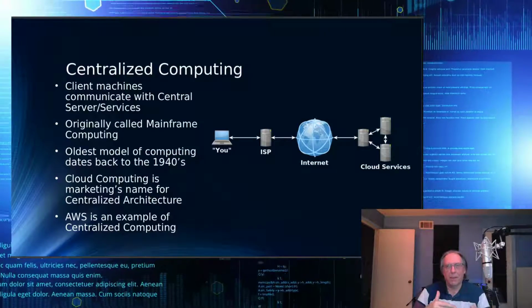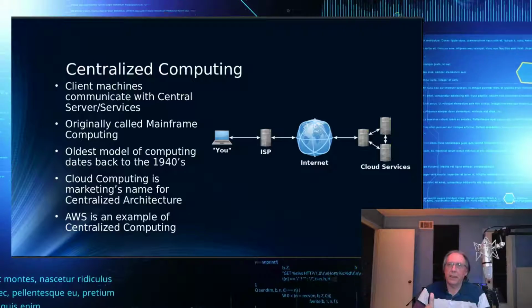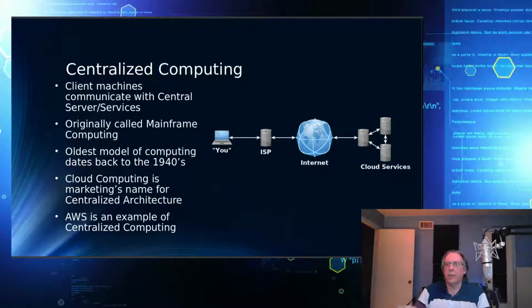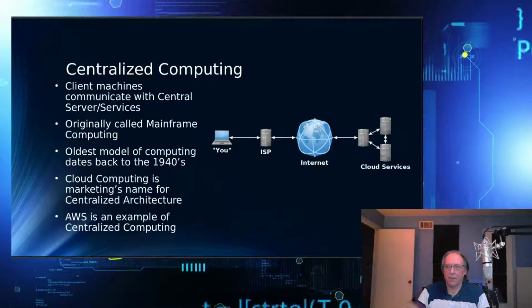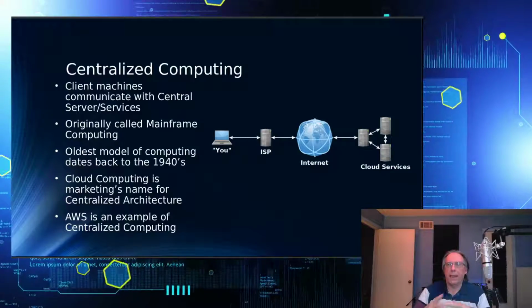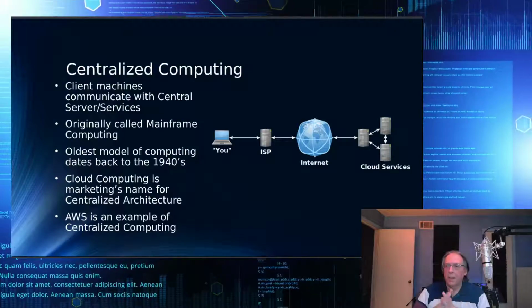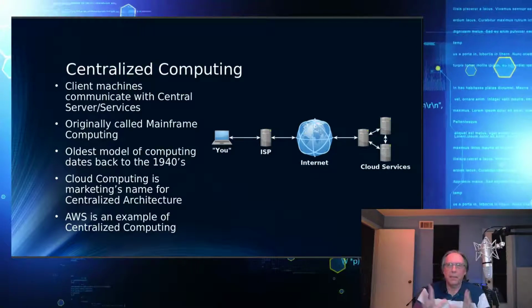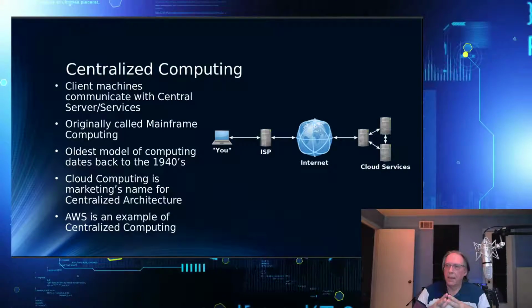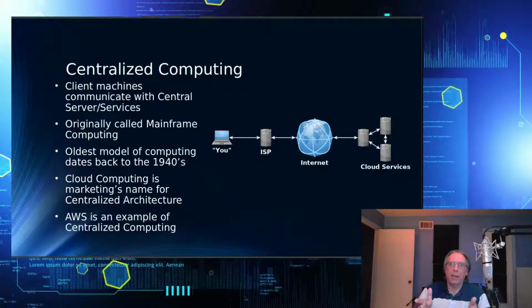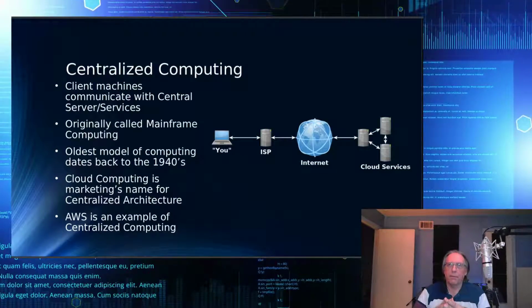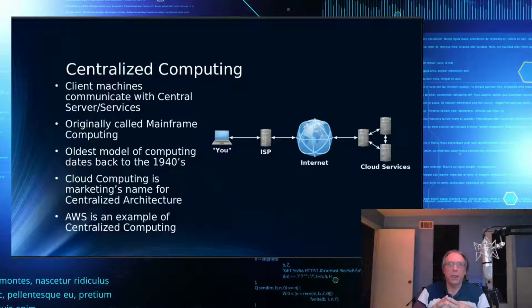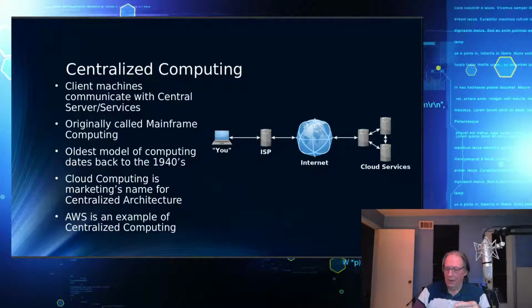Today, however, it means that your machine tied to the internet is communicating with a service or a number of services that are on some back-end computer in the cloud. And so that's really what we're talking about. It's an old model. It's been around since the 1940s. And AWS is a pretty good example of centralized computing. Of course, there are others as well.